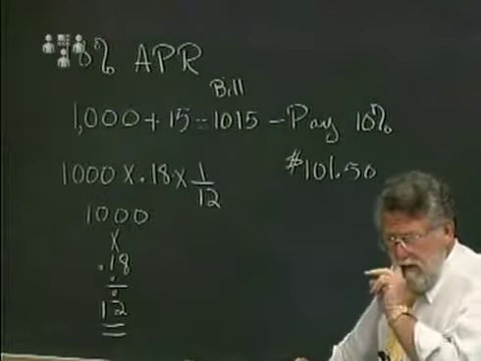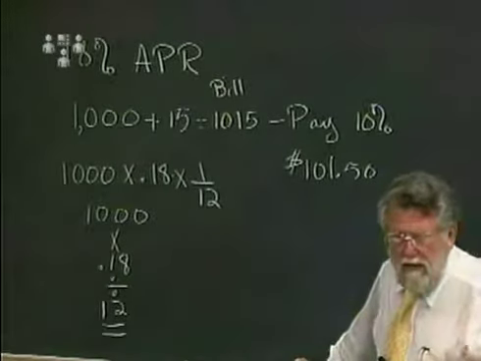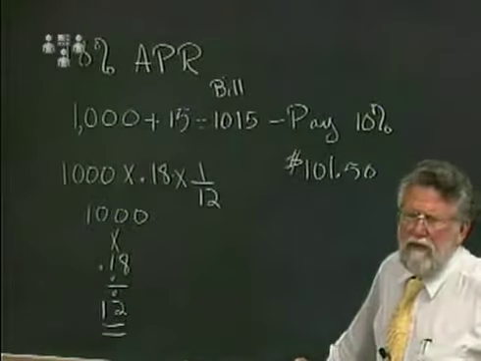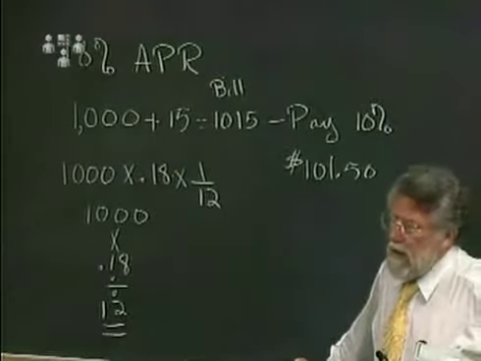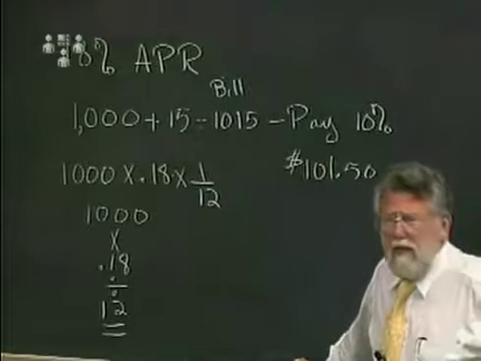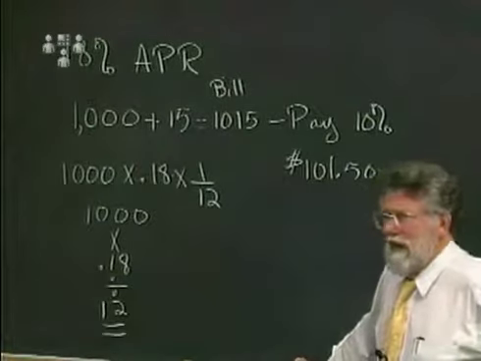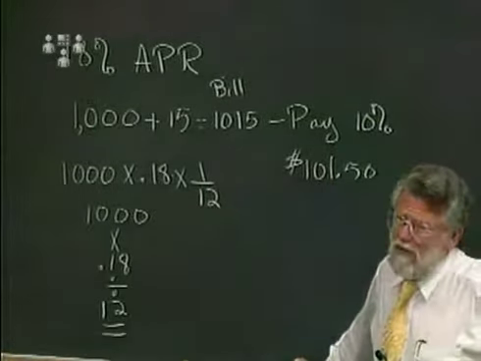Now, this oversimplifies the situation to a degree, because if you look at the various ways credit card companies can charge interest, there are a host of things that we aren't bringing to bear on this.